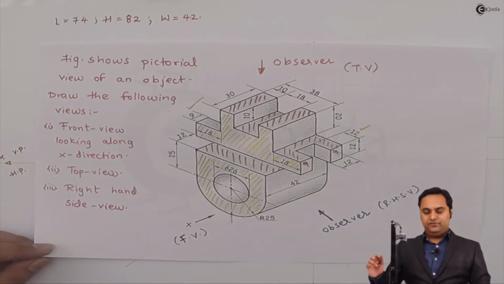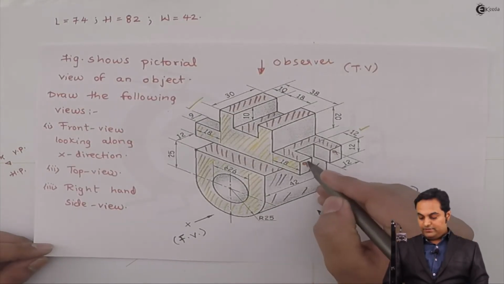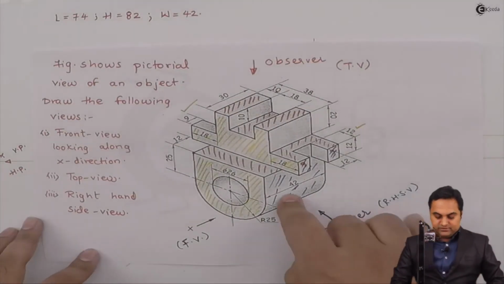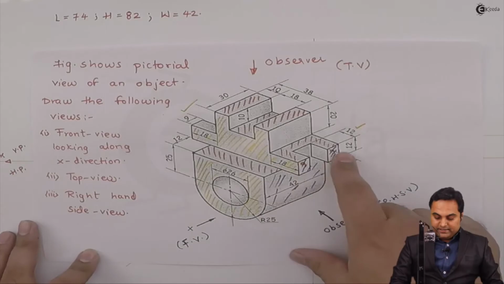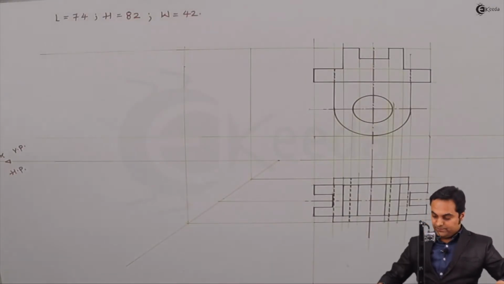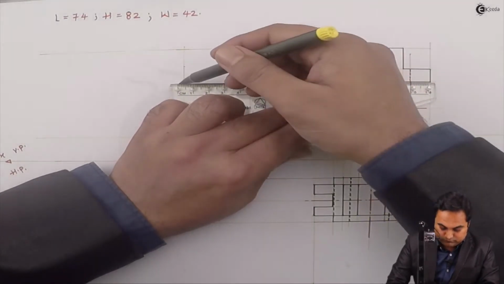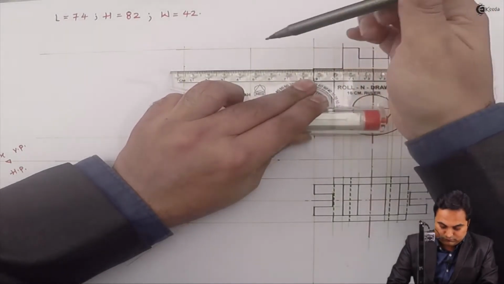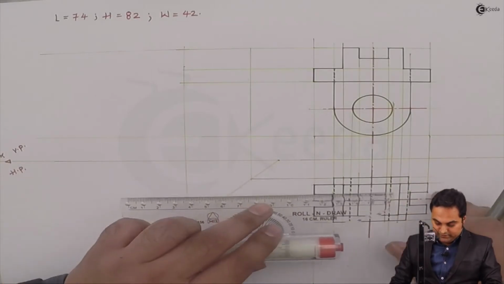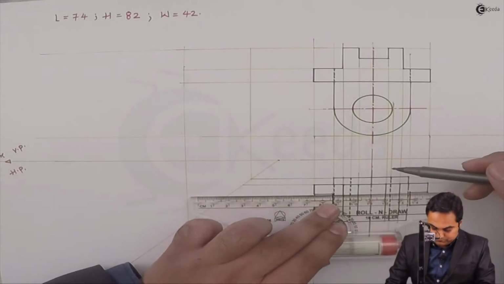So looking from side, the first thing visible is this block and these two rectangles. So looking from side, this block of 42 width and these two small rectangles are visible first. So I would be drawing them first, projecting their height from the front view. The width is 42, and then I'm projecting those rectangles from the top view.